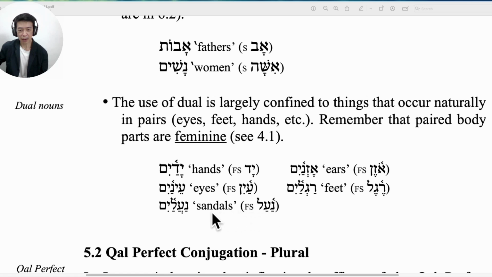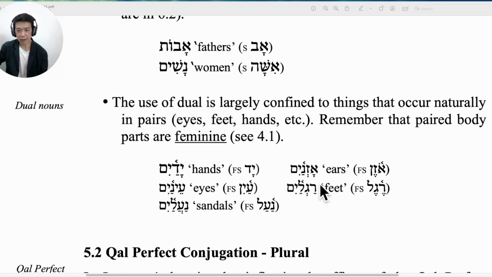But for a pair of sandals, it's na'alaim. For ear, singular is ozen. For plural, a pair of ears is oznaim.